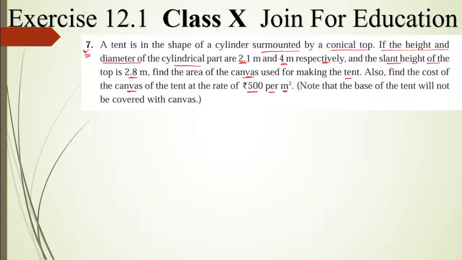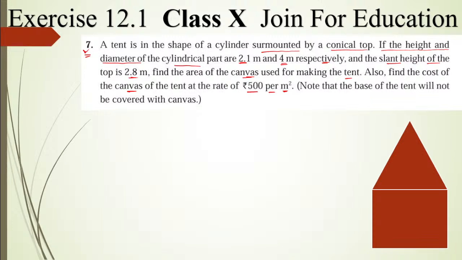To understand the question and solve it easily, let's draw a relevant figure. So this is the cylindrical part and this is the conical part, and this is the total height, and this is the slant height.